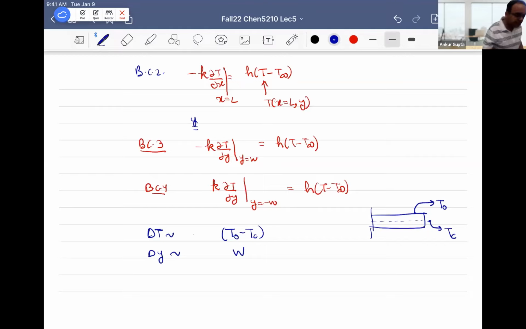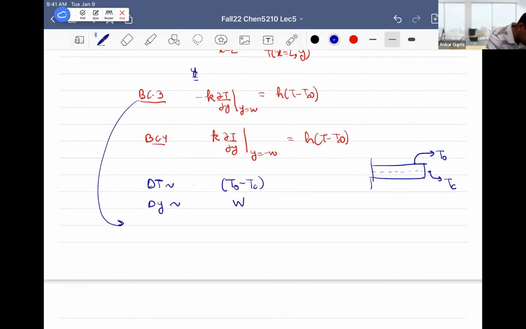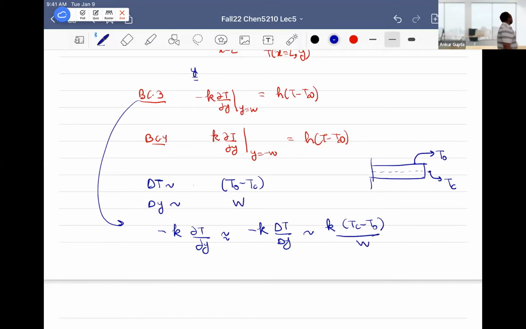So what I will do is I'll approximate. Go here and say minus k dT by dy is approximately minus k delta T by delta y, which is Tc minus T naught, so that the negative sign becomes okay. What I've done is approximate del T. I'm not using the exact, I'm just approximating.